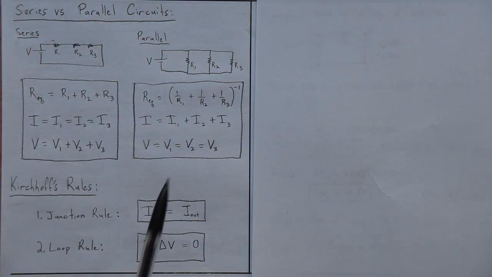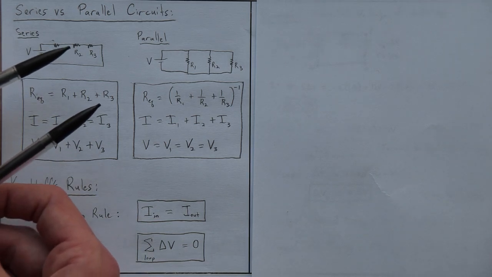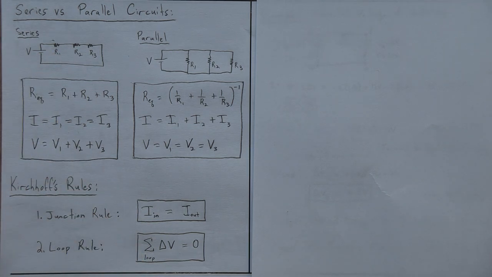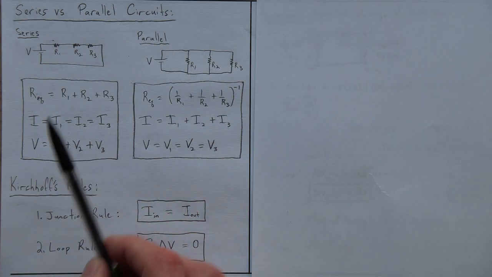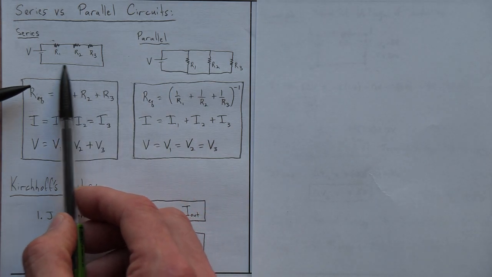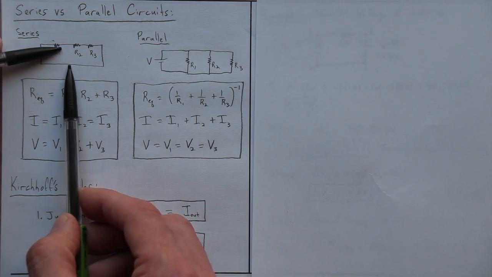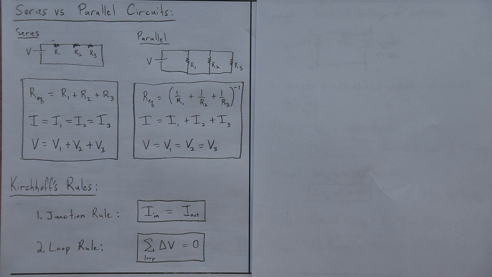That's what makes a series versus a parallel circuit, is how the two sides of the voltage are applied to the circuit elements. It doesn't mean anything about the way that you lay them out. Like I could move a resistor down here and you'd say, oh, those are parallel. No, they're still in series, okay? So, basic ideas, you know these. To get the equivalent resistance of all these, you just add up all the individual resistors.